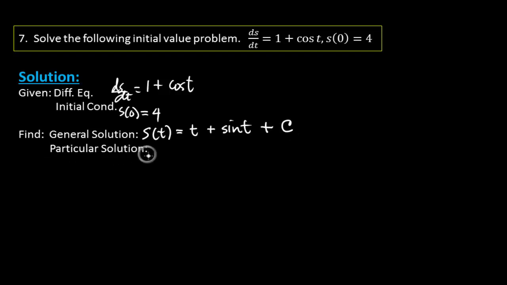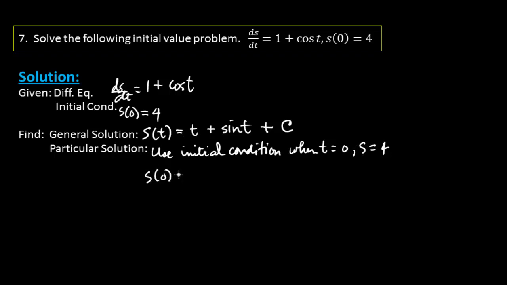How do we find the particular solution? We use the initial condition to find the particular value of c. The initial condition is that when t is 0, s is equal to 4. So s of 0 is equal to 0 plus the sine of 0 plus c.